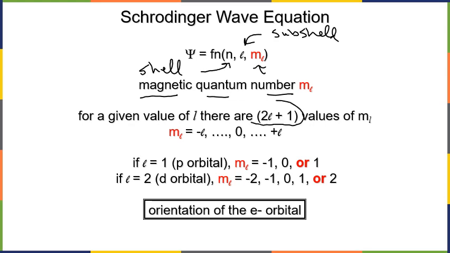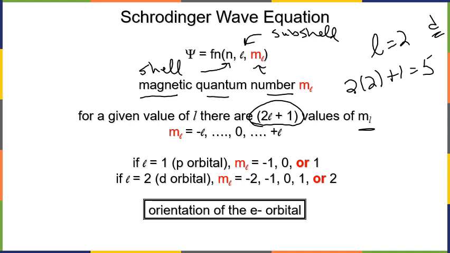Please note there are 2L plus 1 values for our magnetic quantum number, again meaning that, let's say, L is equal to 2. Remember, if L is 2, that is a set of d orbitals. And if we have a set of d orbitals, we're going to have 5 of them. Why? Because we have 2 times L, which is 2, plus 1 for a total of 5 orbitals.